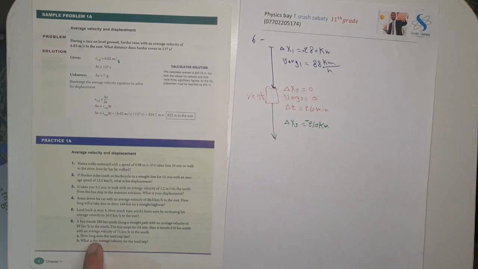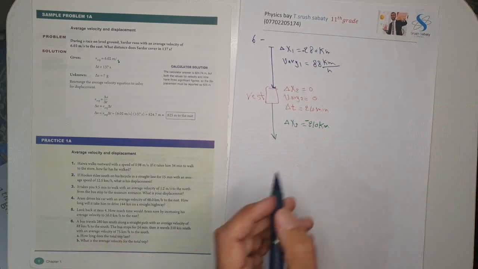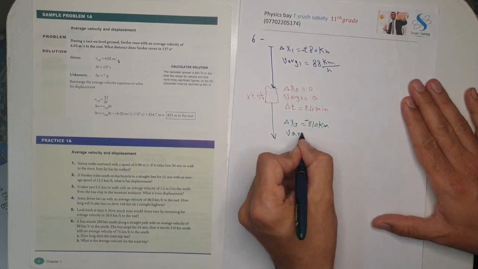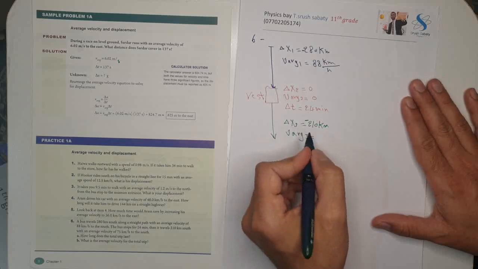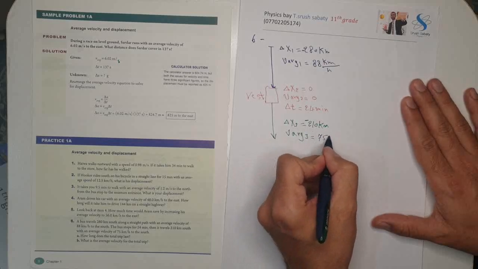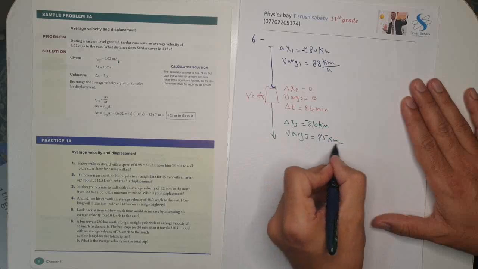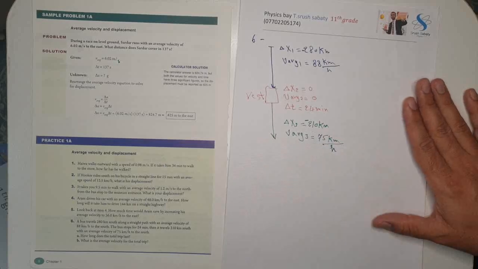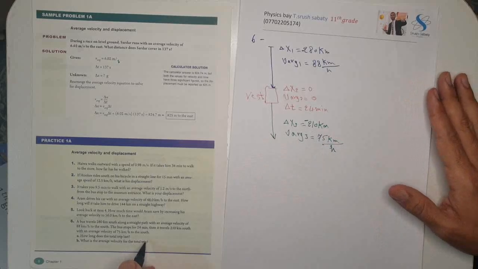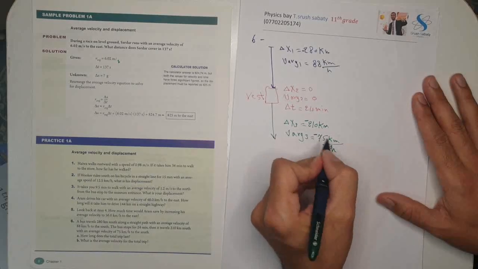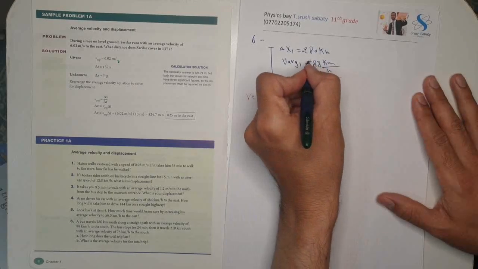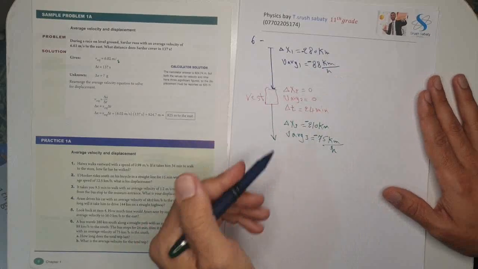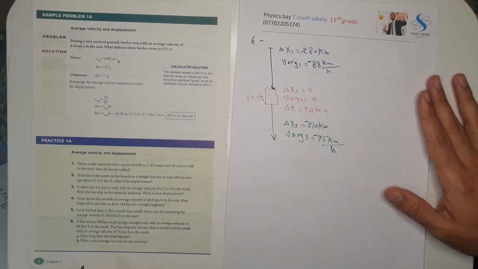Okay, with an average velocity of v average 3 is equal to 75 kilometers per hour to the south, so it must be negative. Okay, all of them are toward the negative side.